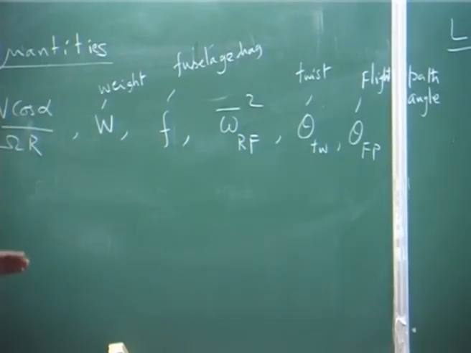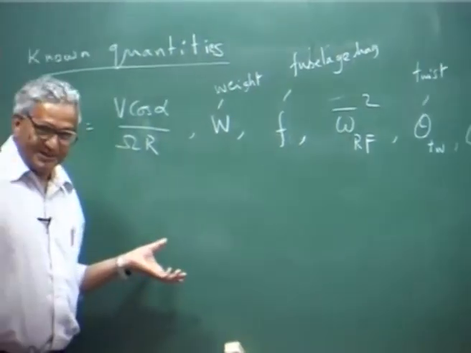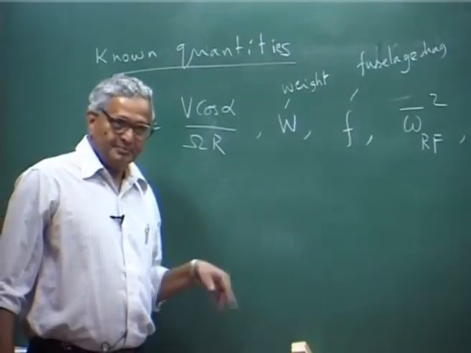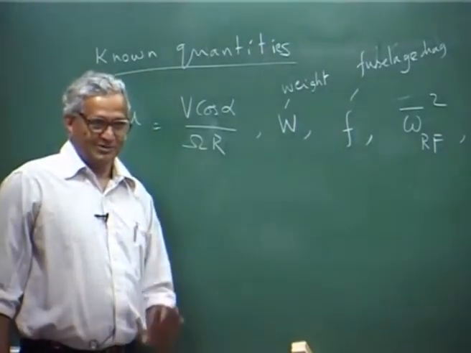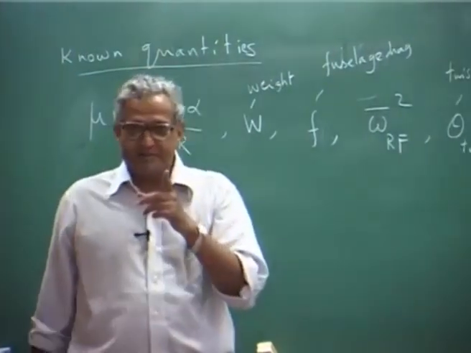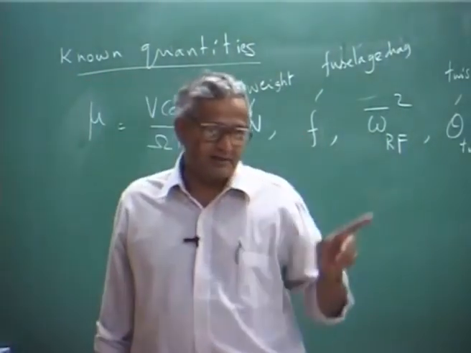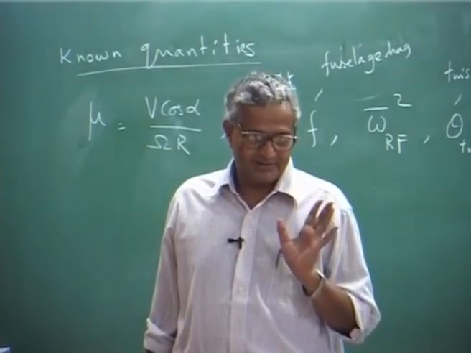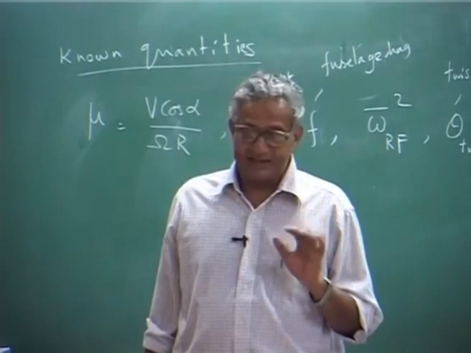If you want to take what we derived for the main rotor expression completely, you can use it for the tail rotor, absolutely no problem. Only thing is you have to use the dimensions and operating conditions only for the tail rotor. But the tail rotor has only collective pitch, there is no cyclic.